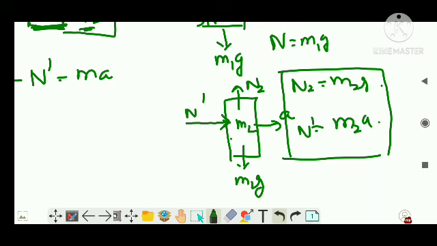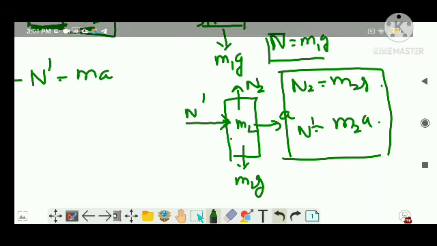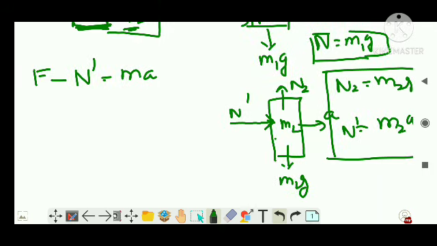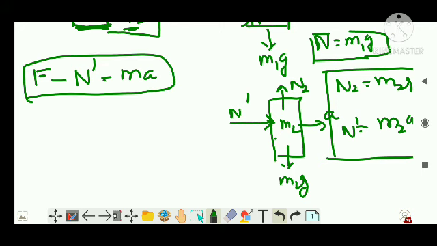Clear? So this is the vertical equation for the first block, and this is the second equation, the horizontal equation for the first block. Clear? Right? Now let's say you are asked what would be the net acceleration. How can I find it? Let's put this one as the first equation and this one as the second equation, and let's add.